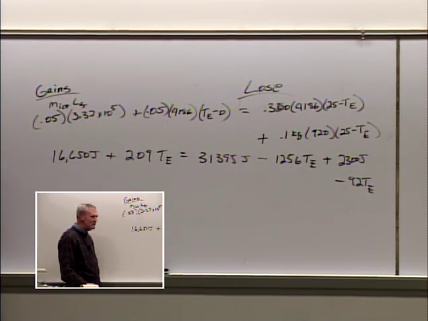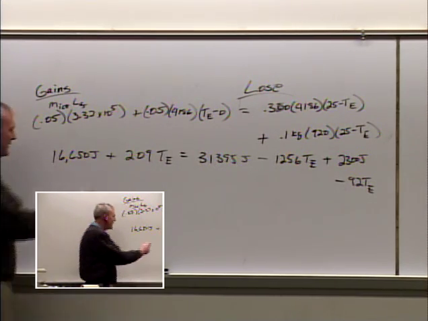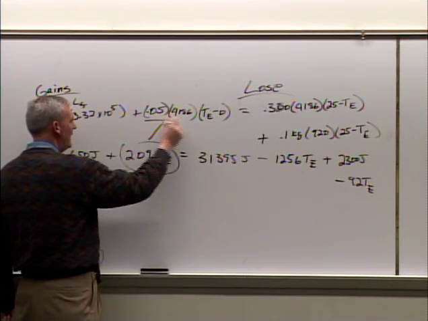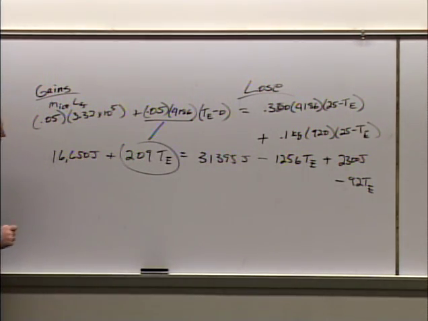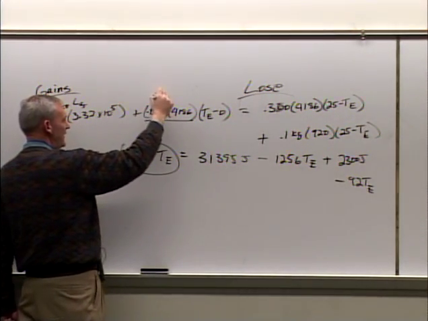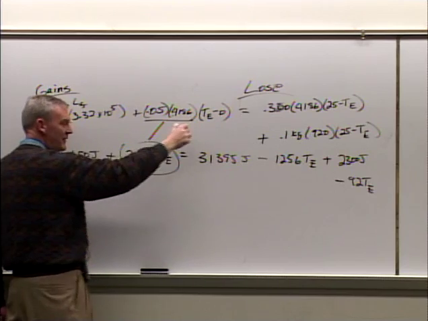Yes? Under the gains, after you have the ice, first set of variables, what does that represent? Is that supposed to be the melted ice? Yep. So it's gone from ice to water.